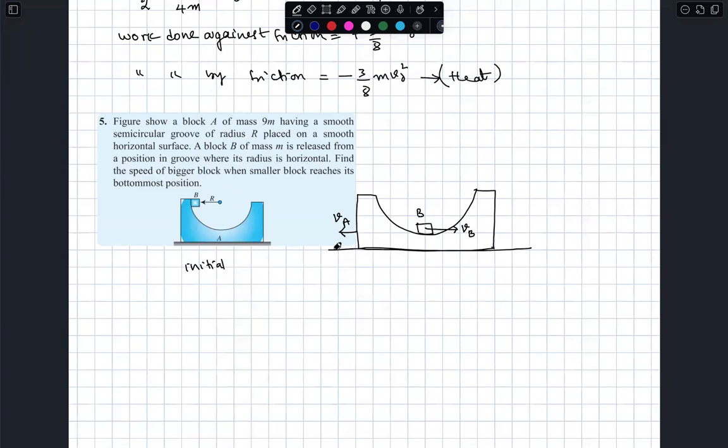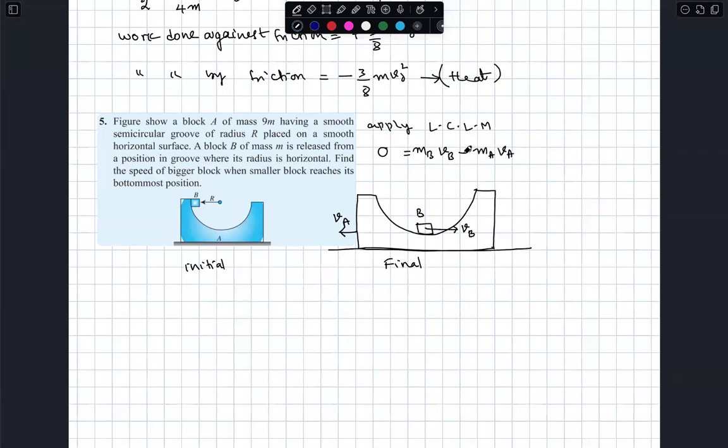First, initially there is no momentum along the x-axis. So apply the law of conservation of linear momentum: 0 is equal to MB VB minus MA VA.